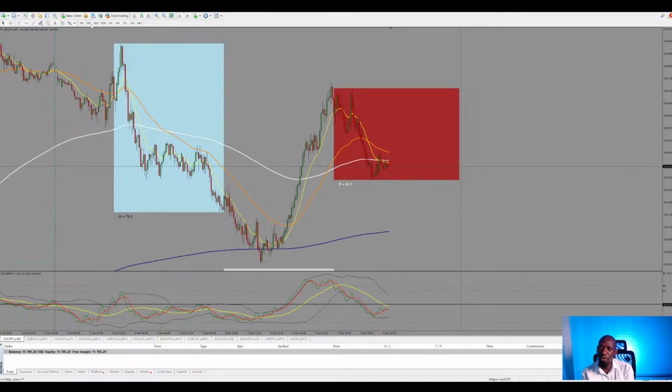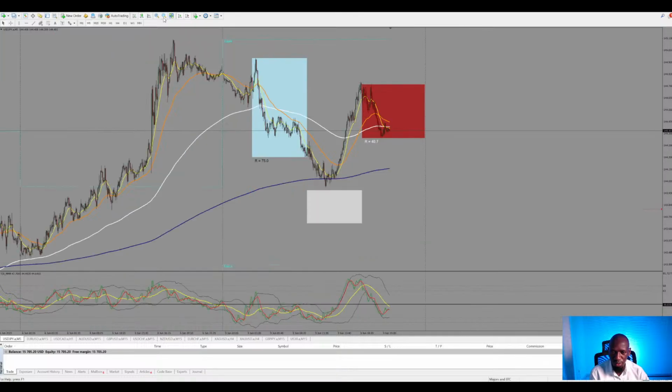that for UJ, which is the USD Japanese yen, we are looking for a buy because we have a very clear trend bias on the weekly, daily, and the 4-hour time frame. So they show that we need to be looking for a buy position and not a sell position.